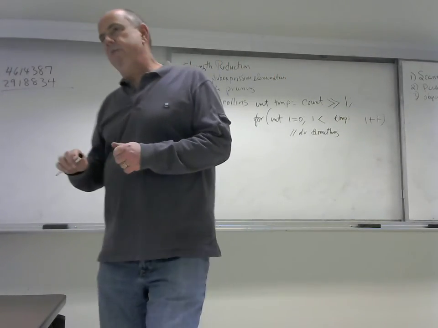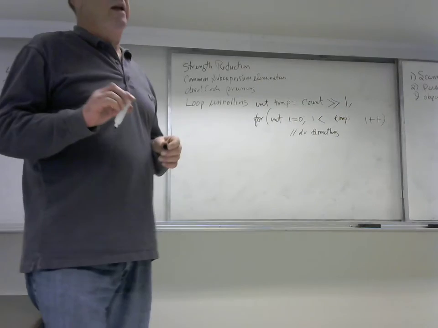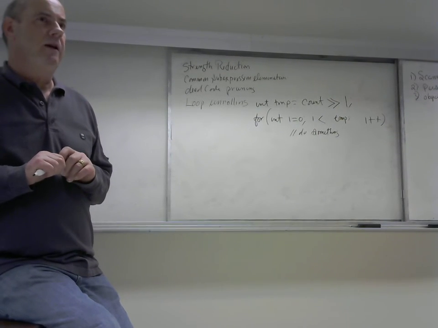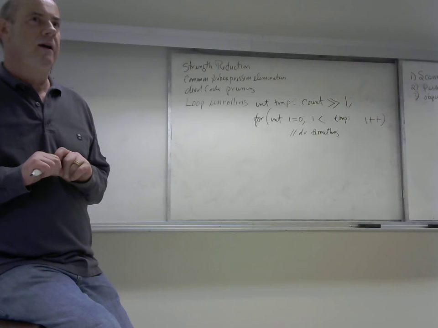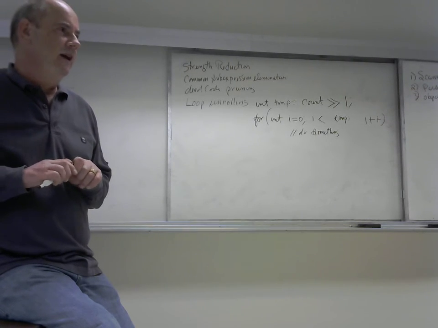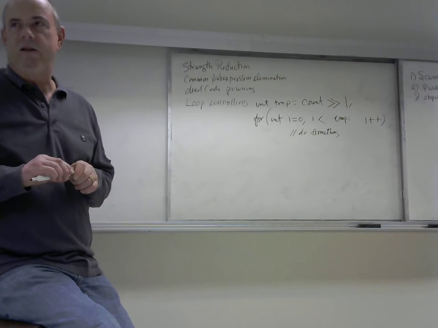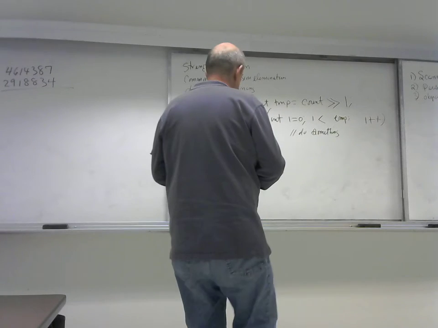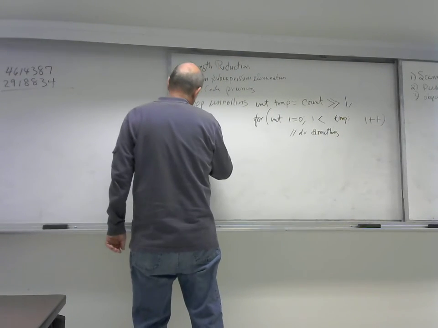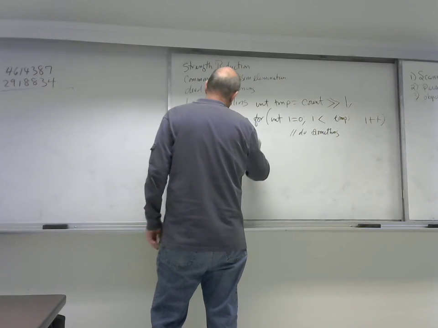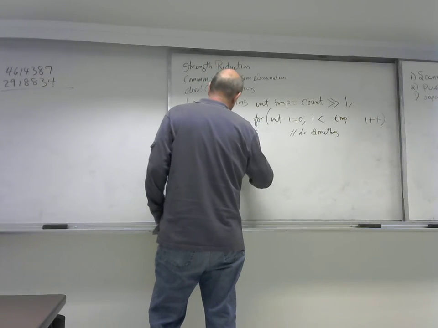Well, sometimes you have unreachable code for one reason or another. What's a good example of unreachable code? Something after a return, or an if-else block that's impossible. If x is less than or equal to 0, do something.